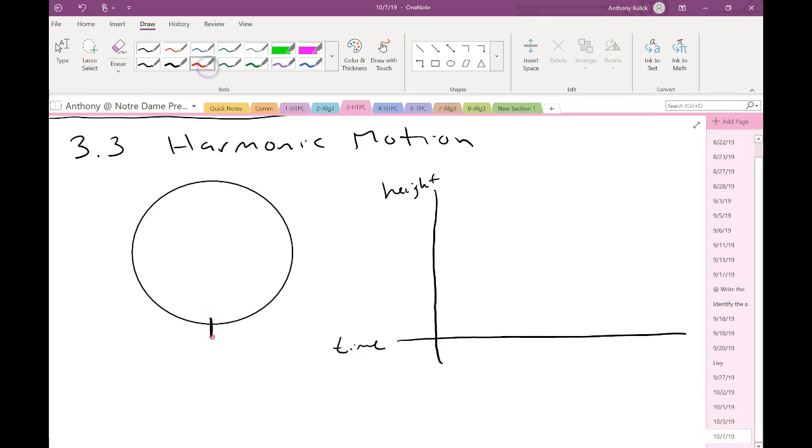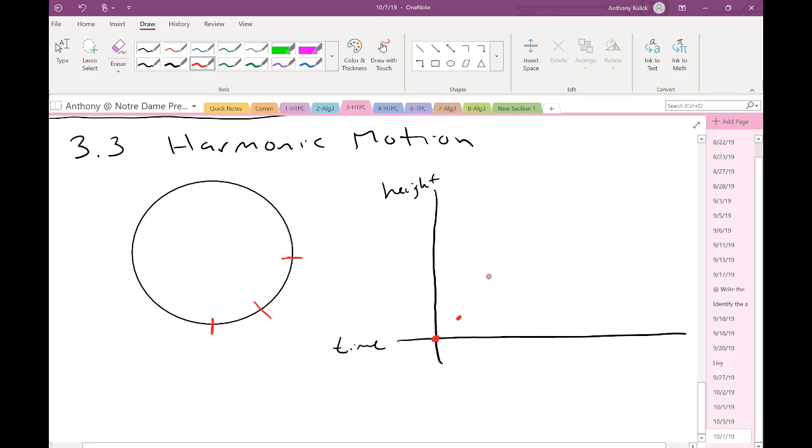So imagine that we board the Ferris wheel at ground level. That's the first moment we get on the Ferris wheel, and the height is basically 0. It's at ground level. Sometime later, maybe we're here, so now the height is a little bit higher. And then maybe we take another measurement here.